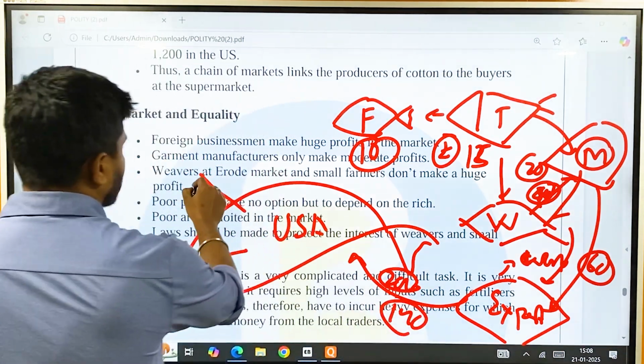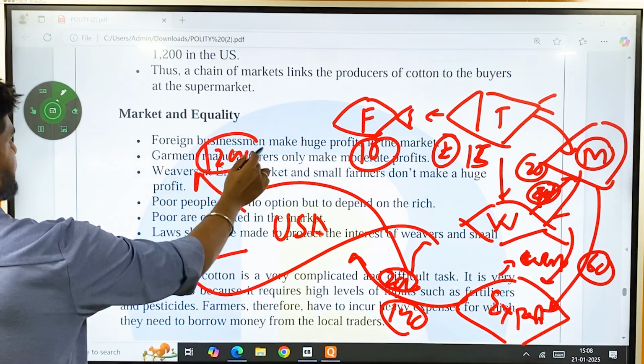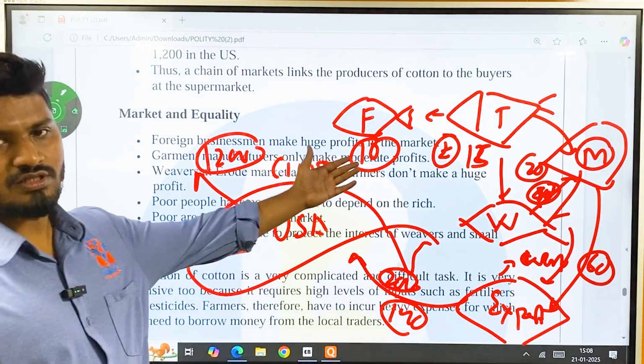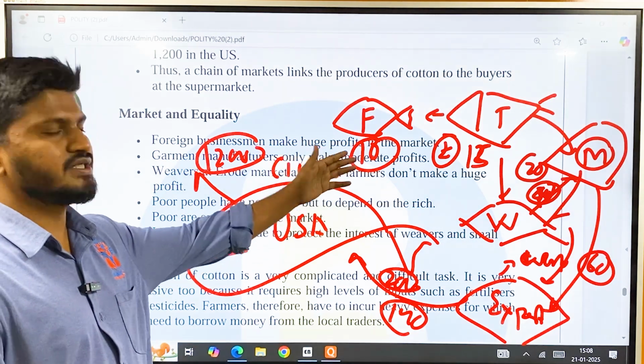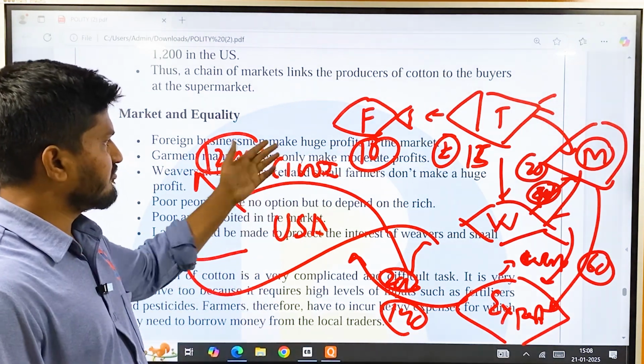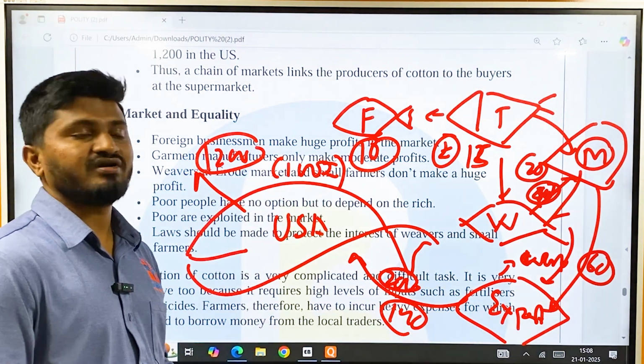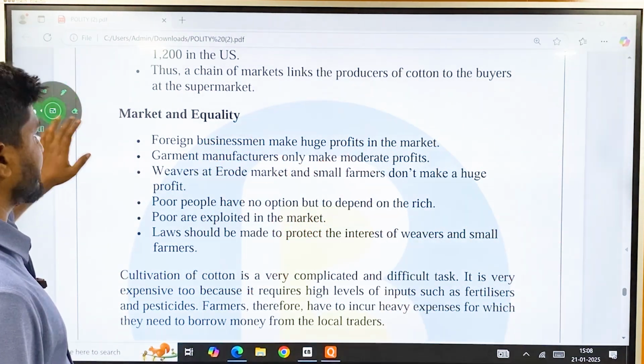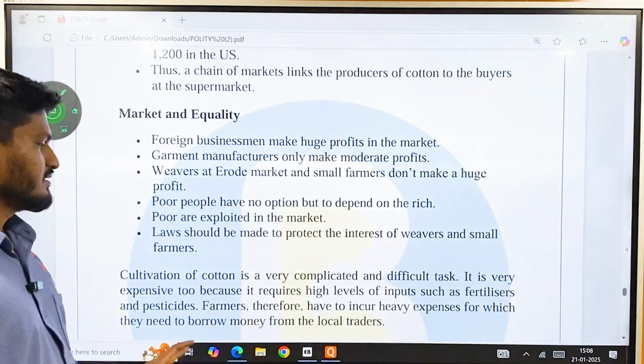Now he is selling to the consumers at 1200 rupees with a profit of 1000 rupees. See, the main producer of the cotton is getting only 10 rupees, while the final seller is getting a profit of 1000 rupees. That is how the chain of markets works, and there is no equality to be seen in the market.